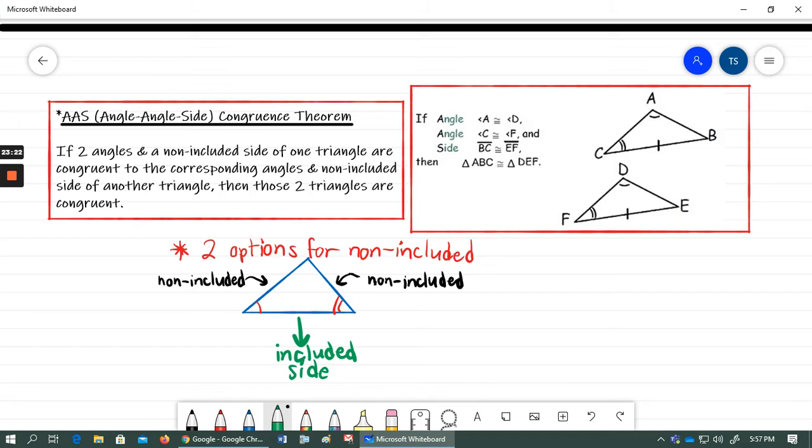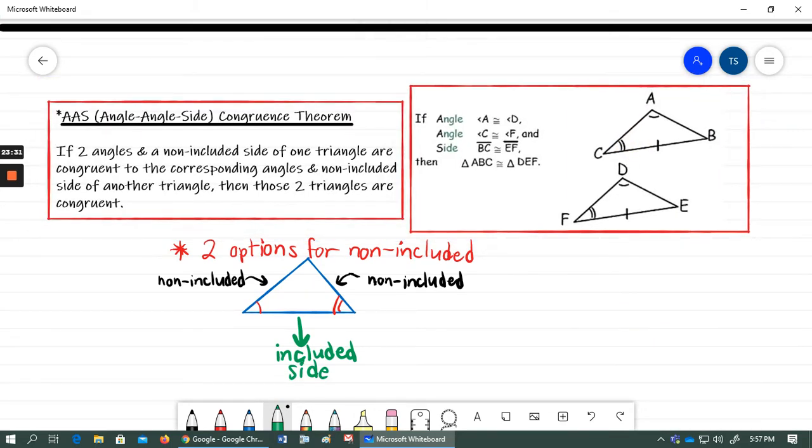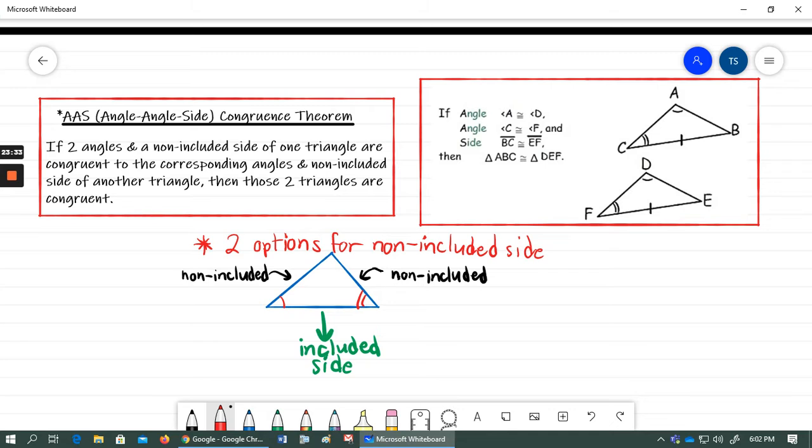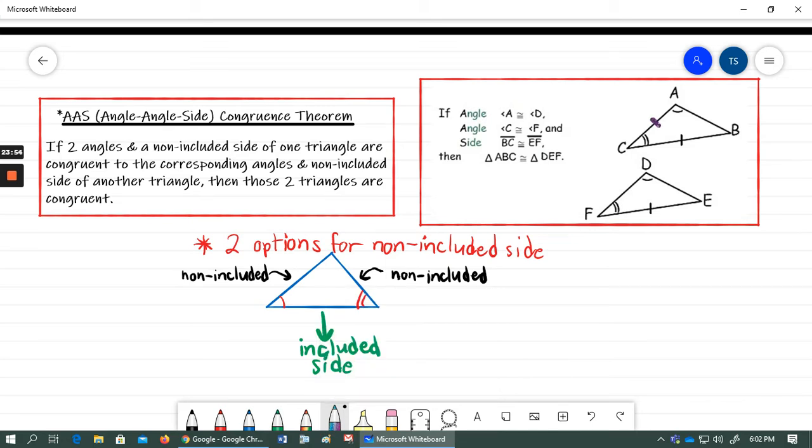Okay? So as you can see here, in the diagram on the right side, you can clearly see that they have two angles right there. You see those two angles, okay? And now I'm about to mark the included side for those two angles. You see that? That's the included side for those two angles, the one that I just marked right here.